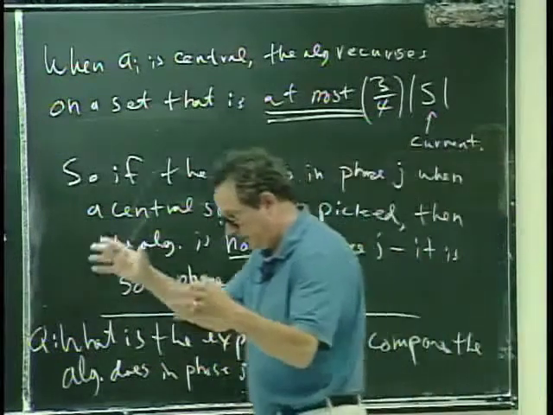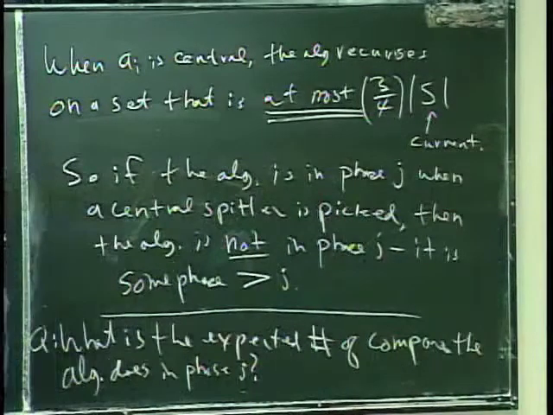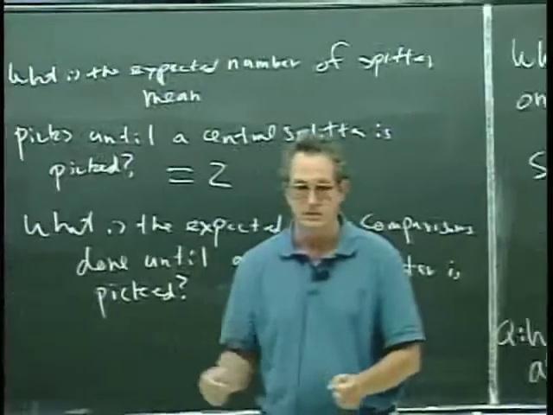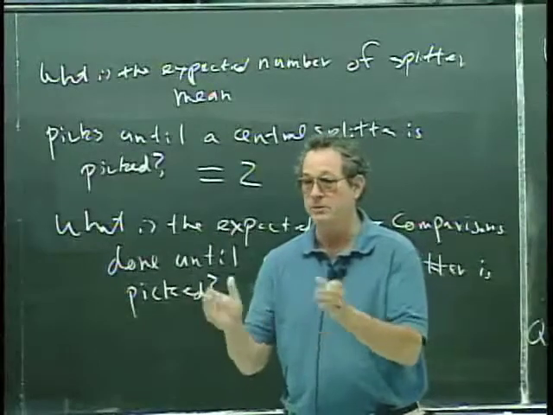Well, the algorithm goes into phase j, and then it finds splitters, gets smaller and smaller and smaller.